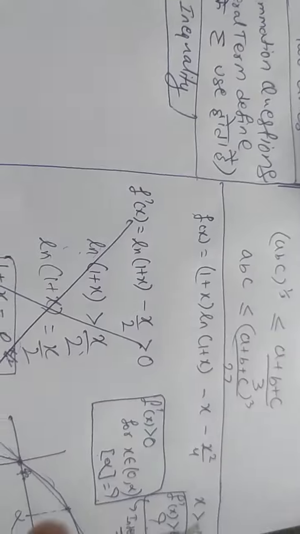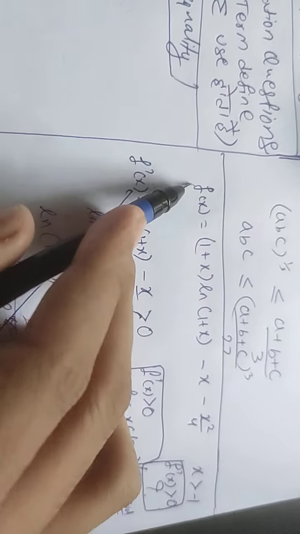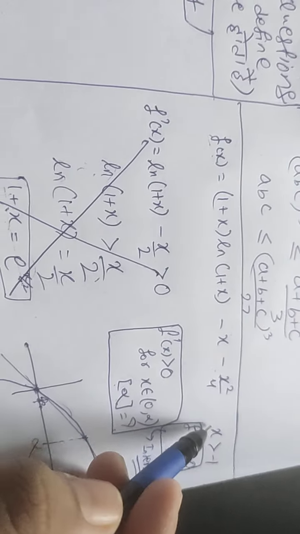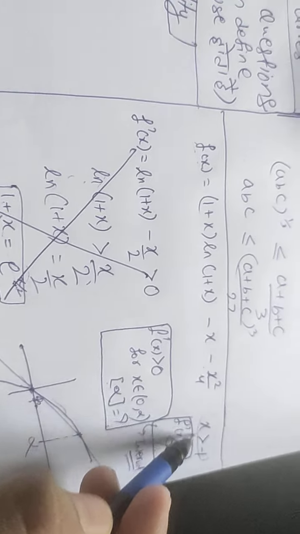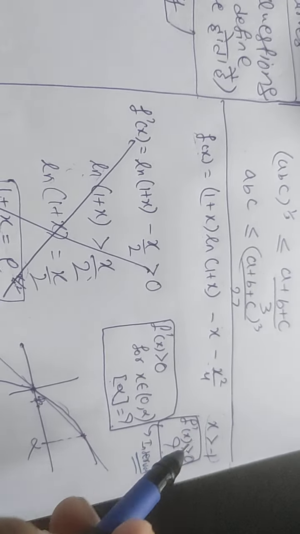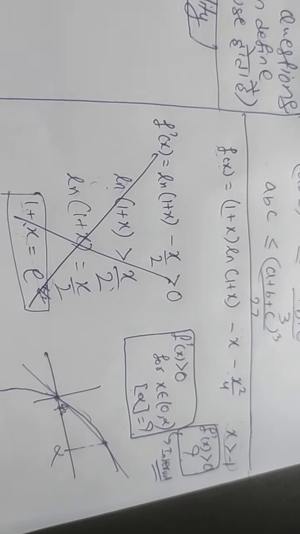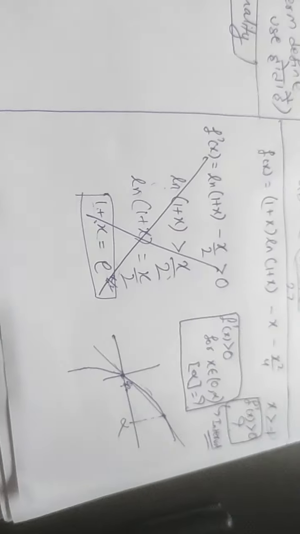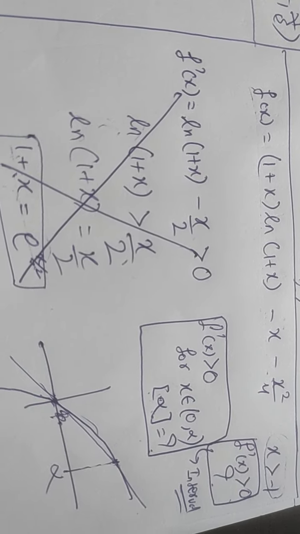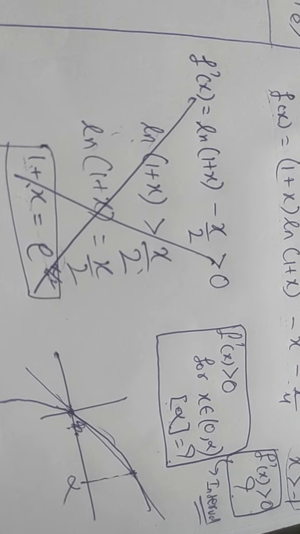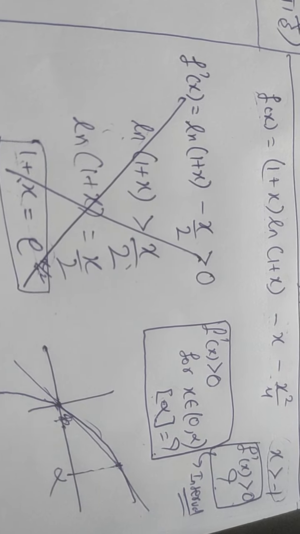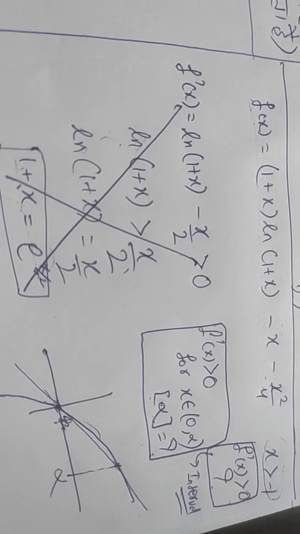So now, since the approach is wrong, what we have to do is just focus on the data. We are given f of x, we are given x greater than -1 and f dash x greater than 0. How to get the clue is that, actually I know the solution because obviously I couldn't solve it and I saw the solution, but here I am making a video about how you can get this clue.